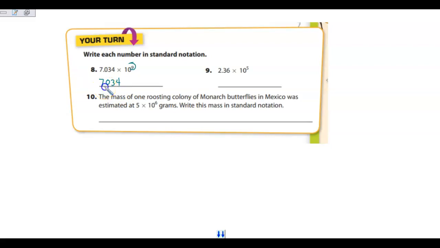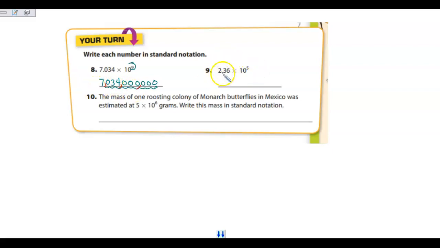So we have 1, 2, 3, 4, 5, 6, 7, 8, 9. Then go back and put in your commas. And so we get 7,034,000,000. Oh, I can't say that today.